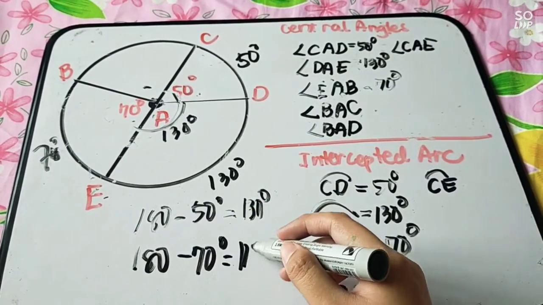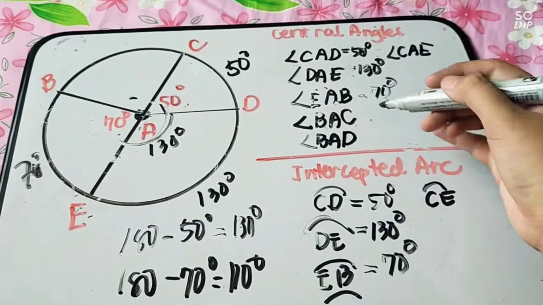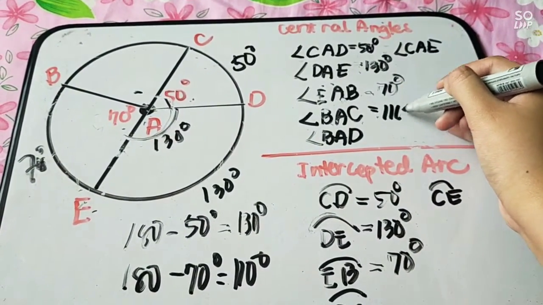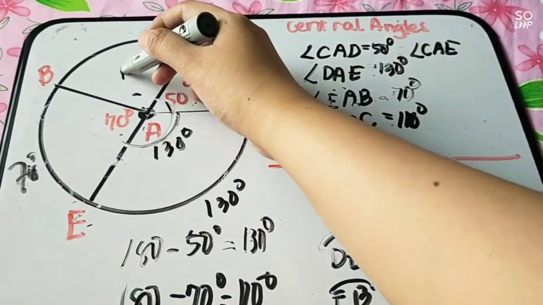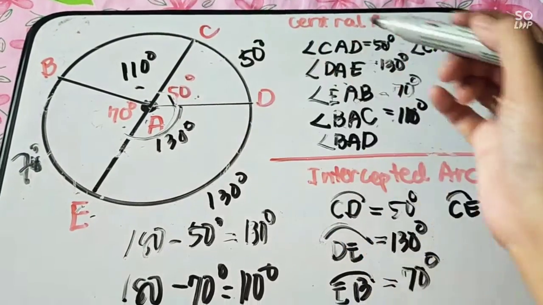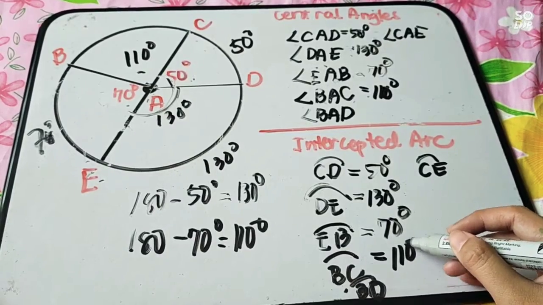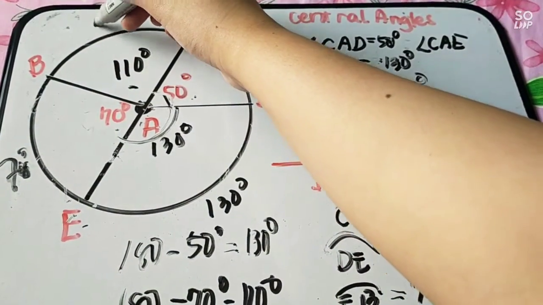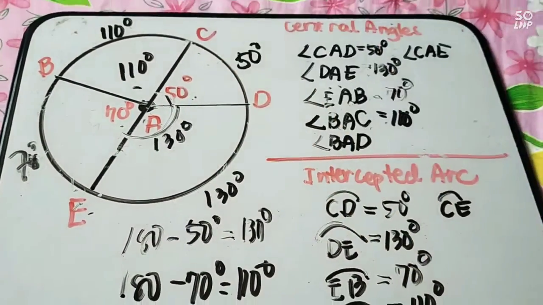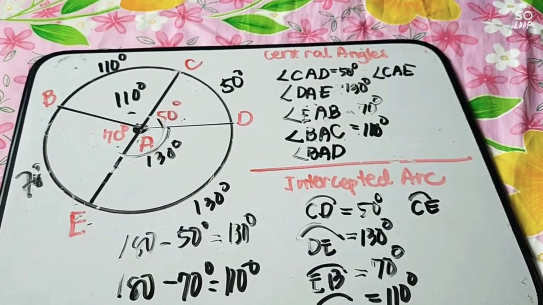The answer is 110. Therefore, this angle is 110 degrees. Just copy 110 degrees. And then, our arc BC is also 110 degrees. Okay, next tayo.